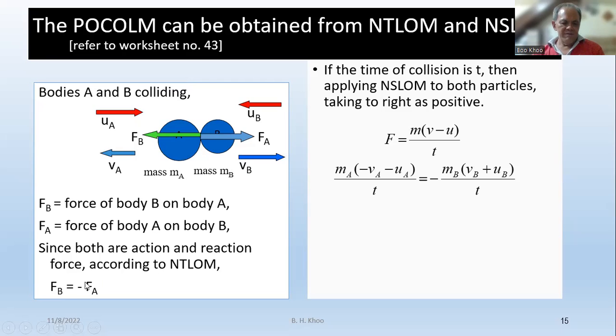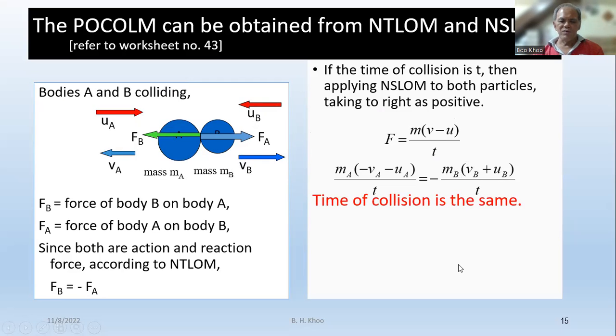Same for FA. Look at these two velocities. This is the mass MB. The final one is positive, correct, and the initial one is negative. Negative, negative becomes positive.